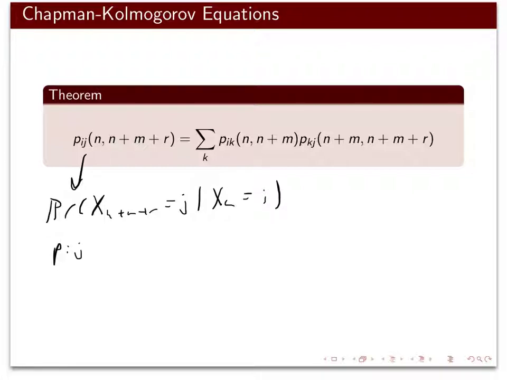So Pij from before was just Pij(0, 1), or Pij(n, n+1). Okay, so the Chapman-Kolmogorov equations say that the probability of going from state i to state j in m+r steps from step n is the sum over all possible intermediary states k of the probability to go from i to k in m steps, times the probability to go from k to j in an additional r steps.